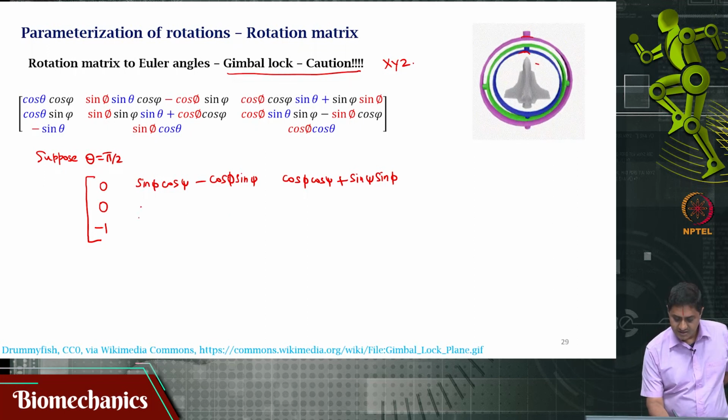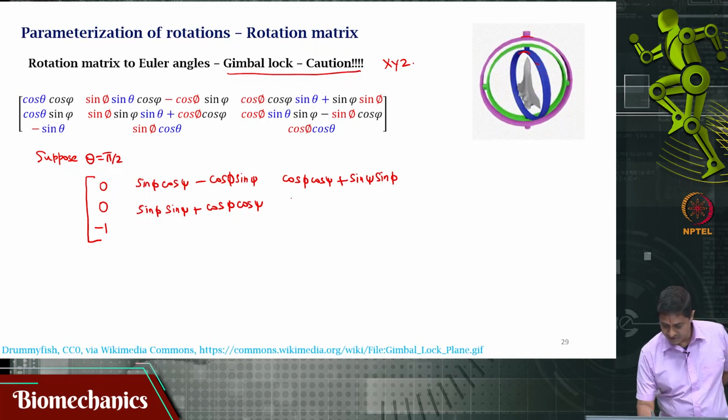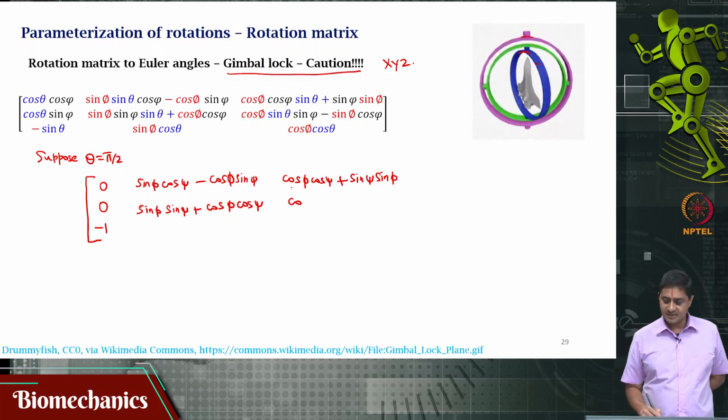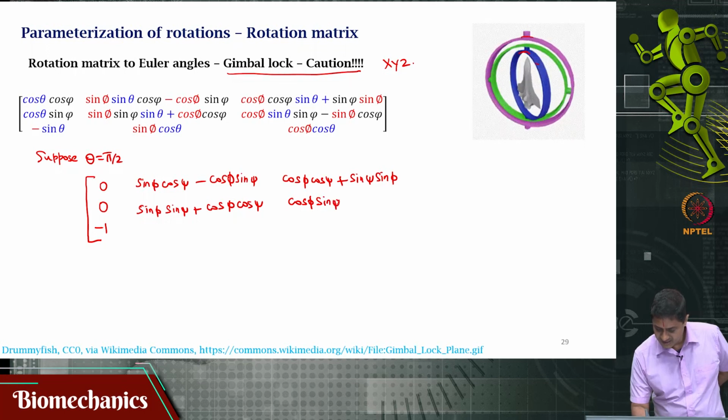The next element is sin phi sin psi sin theta. Because sin theta is 1, this will become sin phi sin psi plus cos phi cos psi. This is also looking like a trigonometric identity. The next one is cos phi sin theta sin psi. Because sin theta is 1, that will become cos phi sin psi minus sin phi cos psi.